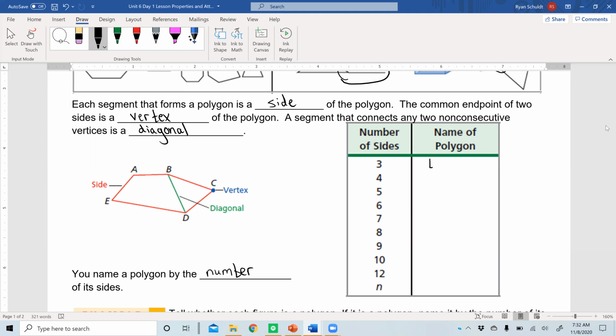So a 3-sided polygon, that's the one we've come to love to hate, a triangle. 4-sided, that's a quadrilateral. 5-sided is a pentagon. 6-sided is a hexagon. 7-sided is a heptagon. 8-sided, that's your octagon. 9-sided is a nonagon.